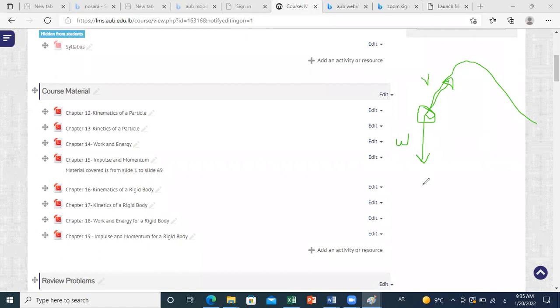Now, sometimes even if I have a car that is in a static case, not moving, for example, and I want to study its equilibrium, then I have forces at different points of my car. I have its weight, and I have the normal force at each wheel.